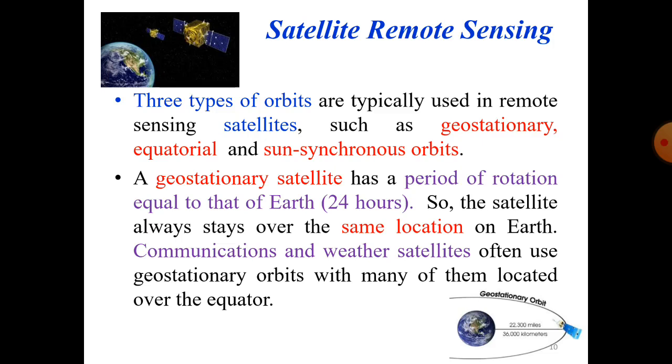The first type is geostationary satellites or orbits. In geostationary satellites, the rotation of the satellite as well as the Earth will remain the same, because there is a fixing of position for the satellites to collect the information of the geographical area on the Earth, which is also fixed.